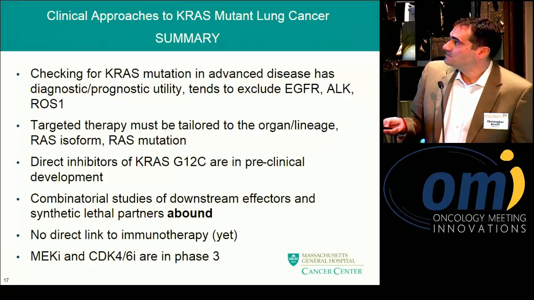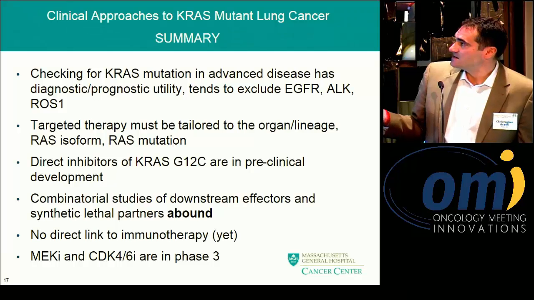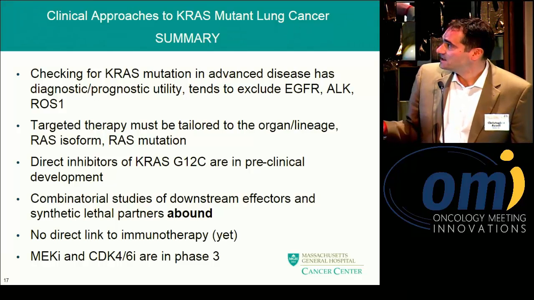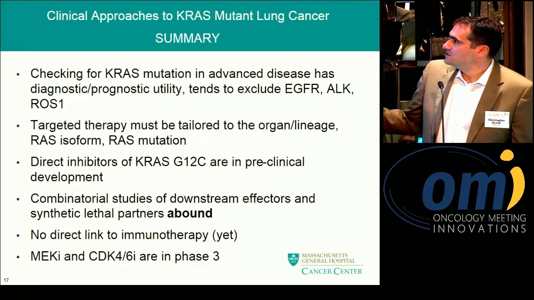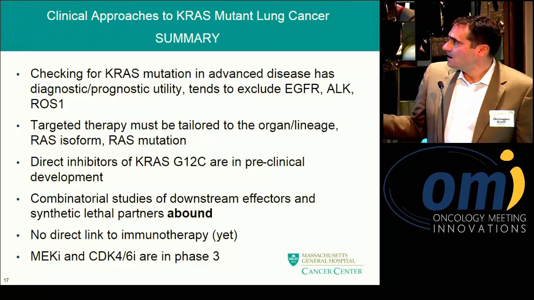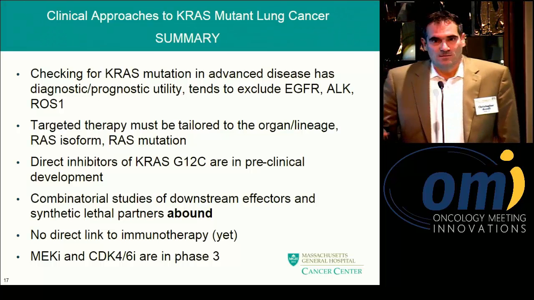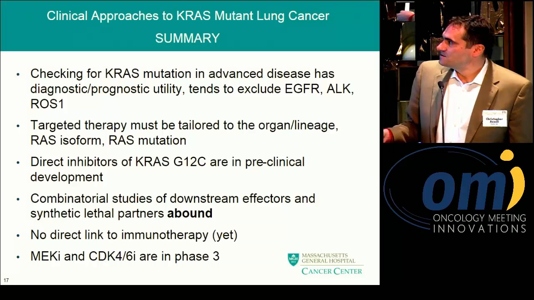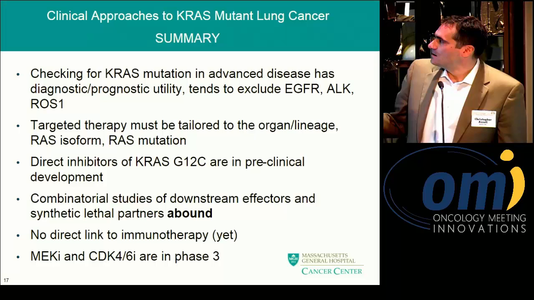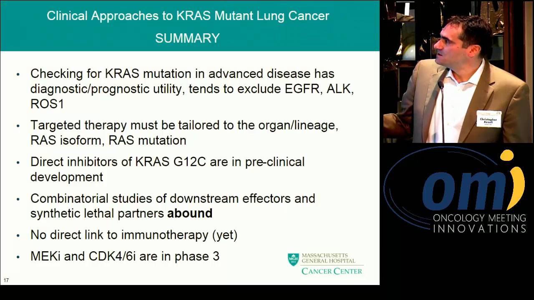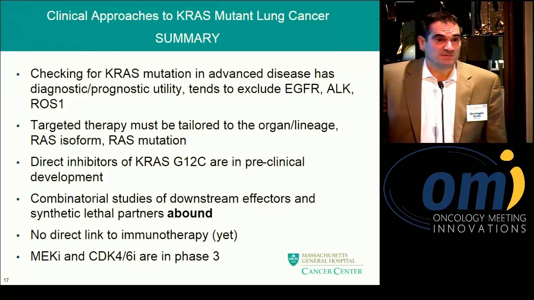So in summary, checking for KRAS mutation and doing the genetic test in advanced disease has diagnostic and prognostic utility. It tends to exclude the driver oncogenes which are druggable, which helps with taxonomy. I think that when you look across the field of RAS targeting, we're going to have to get disease, organ, and lineage specific, isoform specific, and even mutation specific.